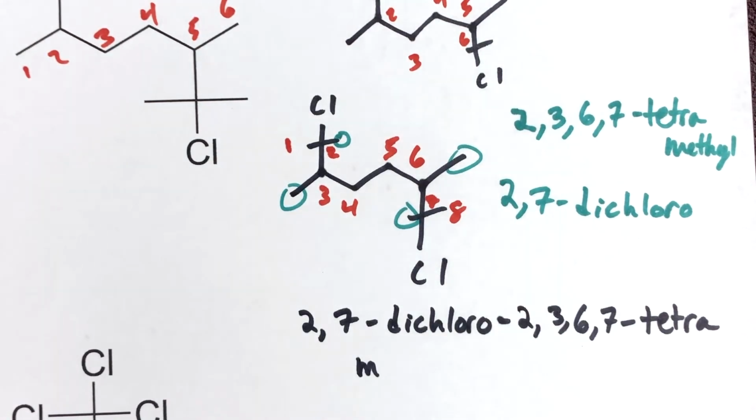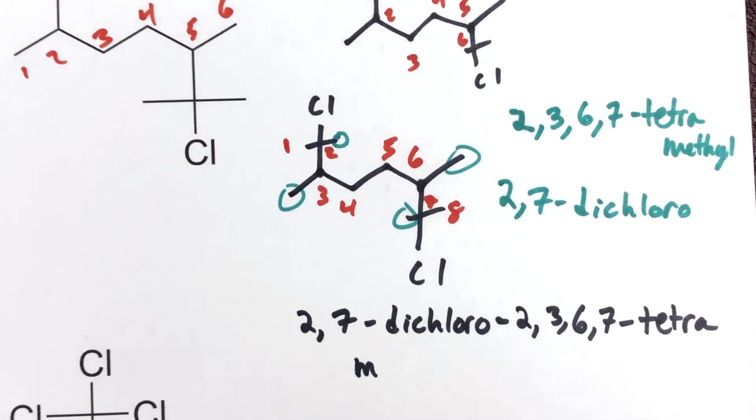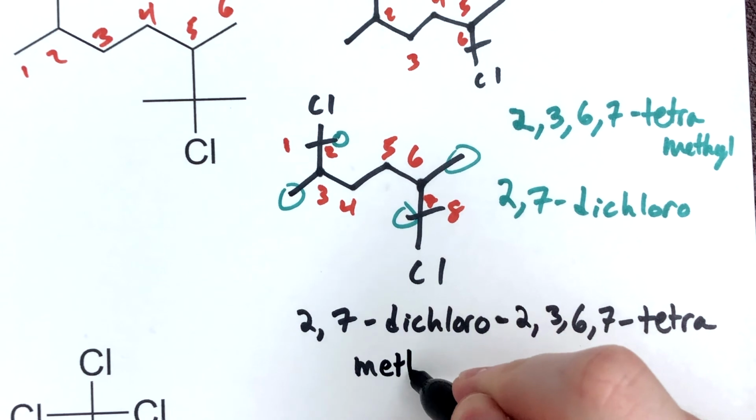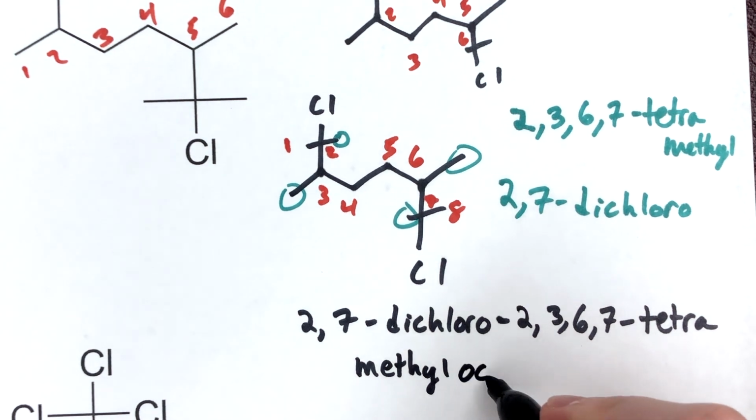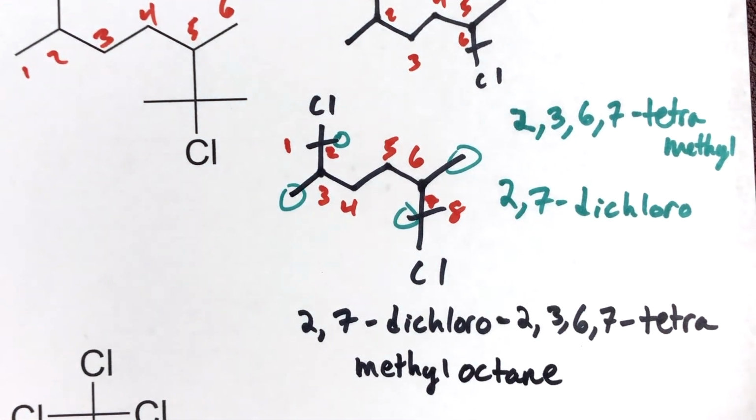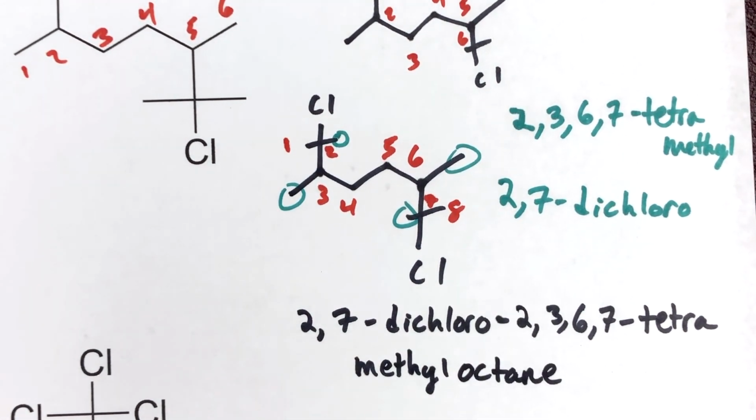Then you list the tetramethyl substituent, so 2,3,6,7 tetramethyl. Again, all one word, but I'm out of space here. And then it's simply the longest chain, which is octane. So this all put together is 2,7-dichloro 2,3,6,7 tetramethyl octane.